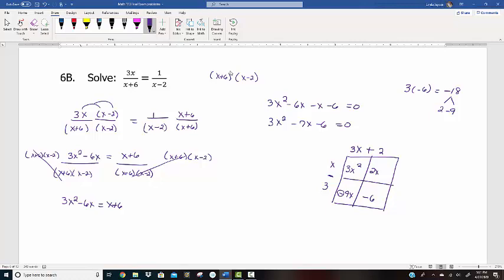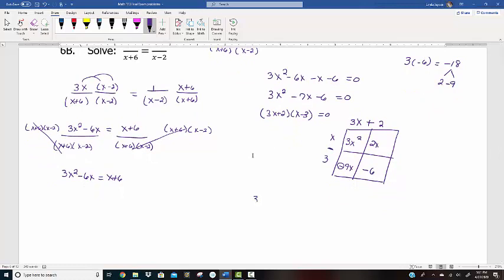So then my factors for this equation are 3x plus 2 times x minus 3. And that's equal to 0. So we're going to solve each one of those equal to 0.